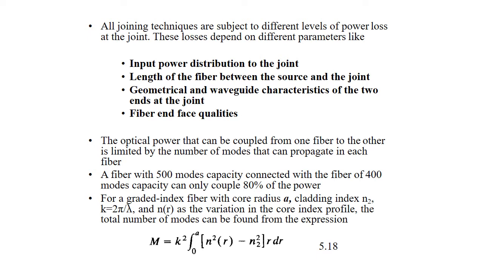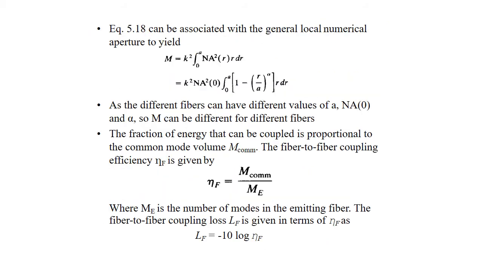Here n of r is the variation in the refractive index profile of the core. The above equation can be related to the general local numerical aperture NA of r, to yield M equals k squared integral 0 to a of NA squared of r into r dr. That is k squared NA squared of 0 integral 0 to a of 1 minus r by a, the whole power alpha, into r dr. Here NA of 0 is the axial numerical aperture and alpha is the index profile of the core.